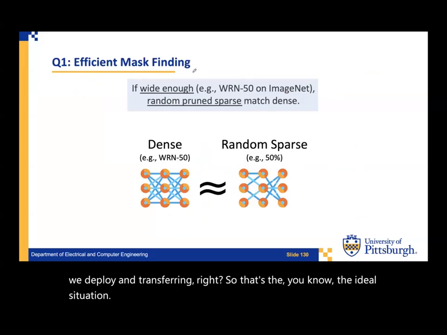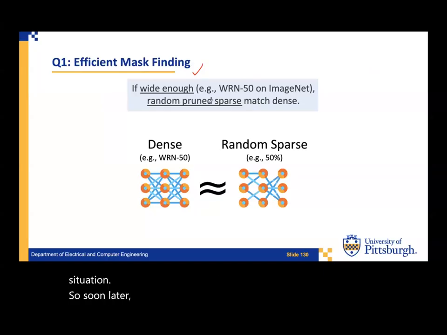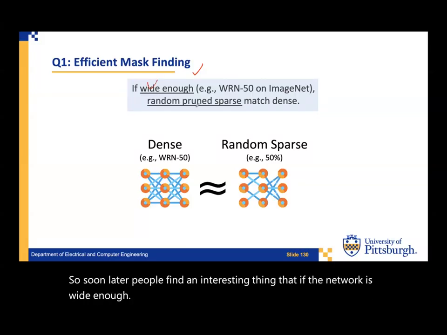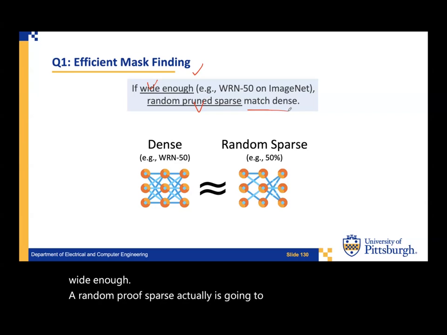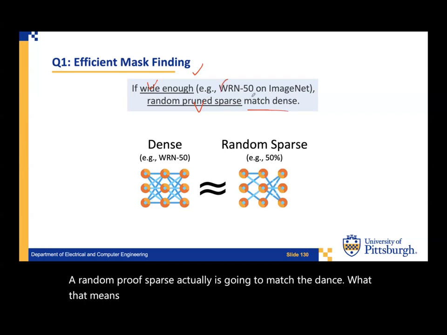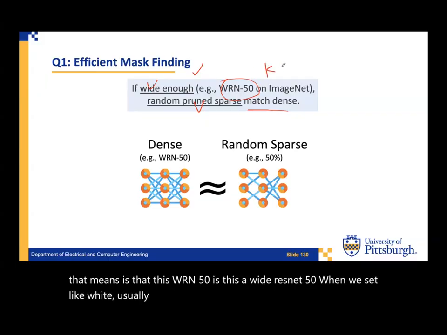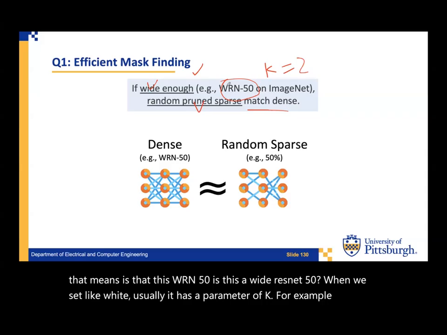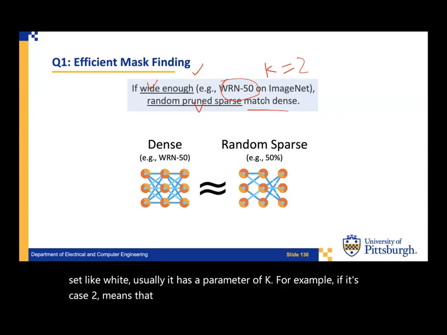Soon after, people found an interesting thing: if the network is wide enough, a randomly pruned subnetwork is going to match the dense one. This WRN50 is the wide ResNet 50. When we say wide, usually it has a parameter k. For example, if k is 2, the wide ResNet has twice the width of the original ResNet 50.